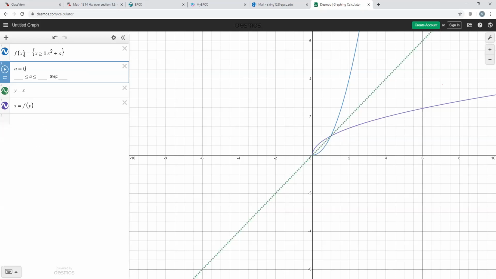And this may look a little strange. This is f of x equals, and it's really just x squared.